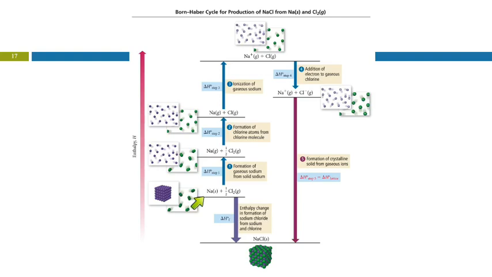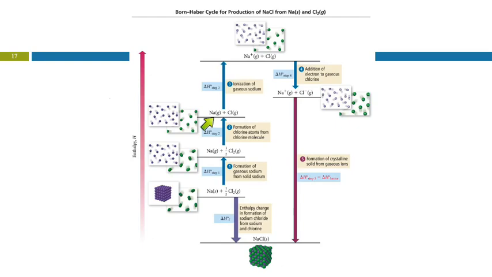But then what about the rest of this? So we're going to imagine that we're taking, here we have sodium solid and chlorine gas, and we're going to make the sodium solid into a gas. Now that can be done. So there's a heat that's involved in making that into a gas. And then we're going to take this molecule of chlorine and make it into an atom. And that's going to require us to put energy in.